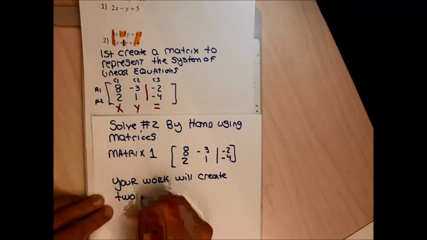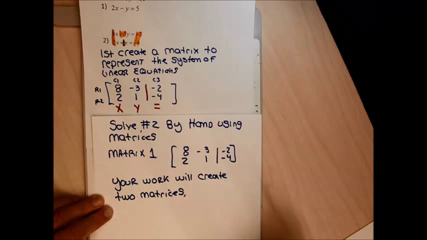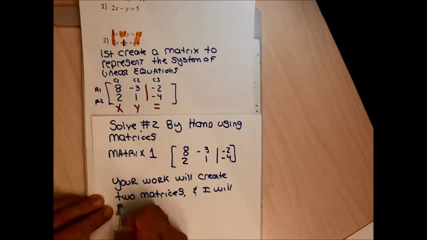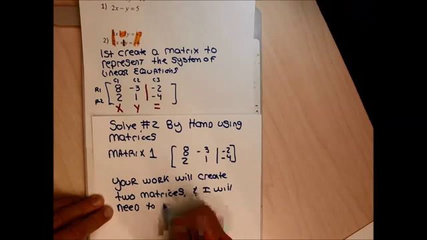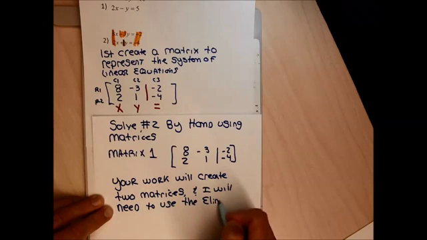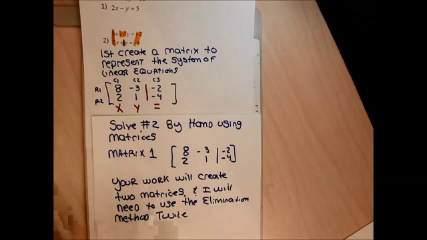The last one's going to be the answer matrix. And I will need to use the elimination method twice as well. So each time I do the elimination method, I'm going to create a matrix.